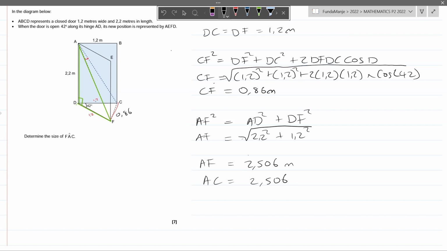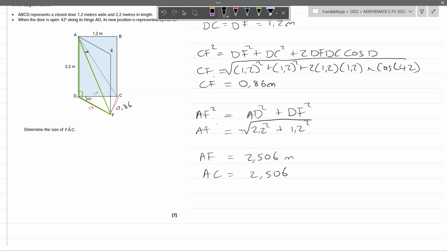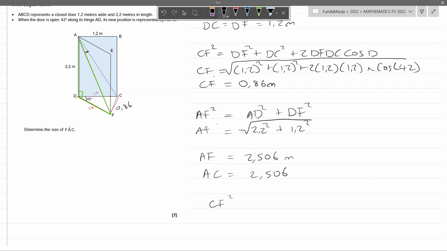Now we know the three sides of the triangle, and we're looking for this opposite angle, which is something we can do with the cosine rule. So if we say CF squared is equal to AF squared plus AC squared minus 2 BC.